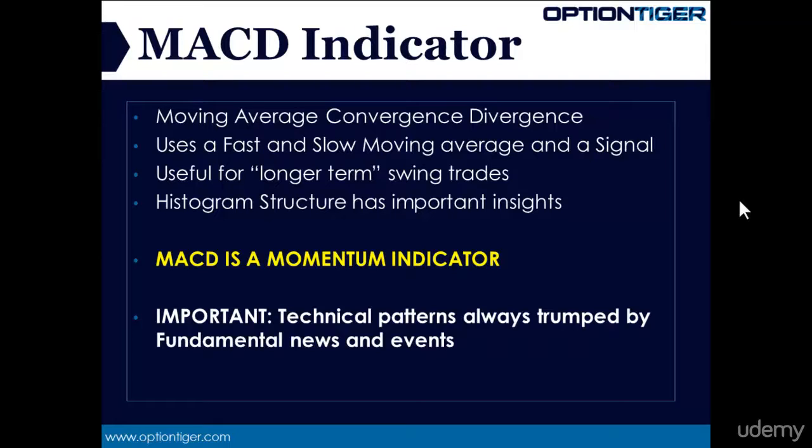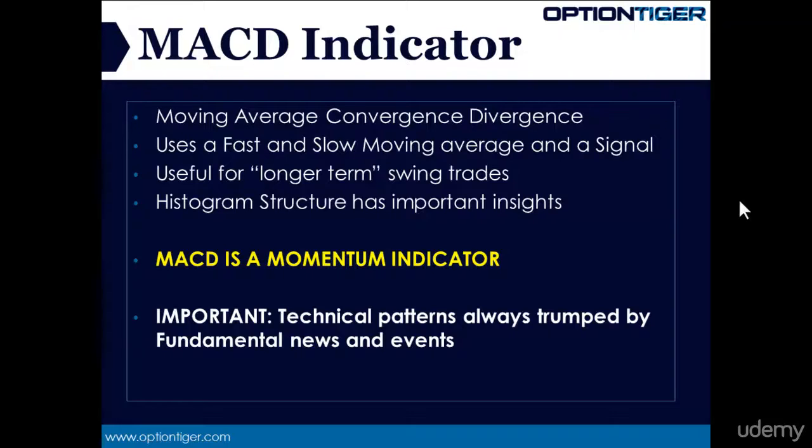It uses a fast moving average and a slow moving average, and then there is a signal line as well. We'll look at all of these on the Thinkorswim platform and how the chart works.